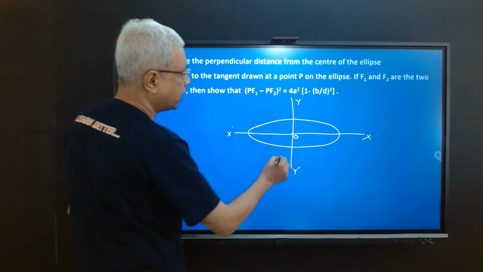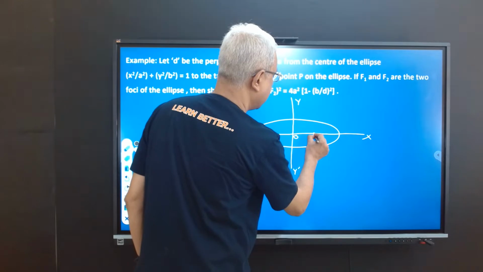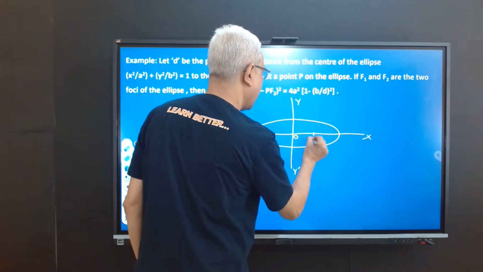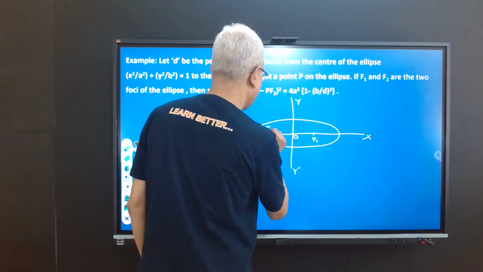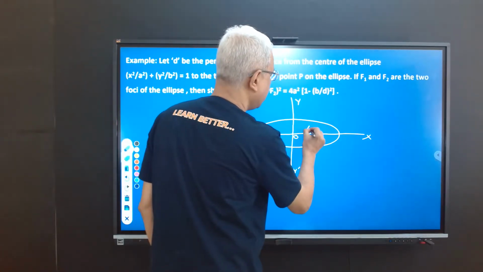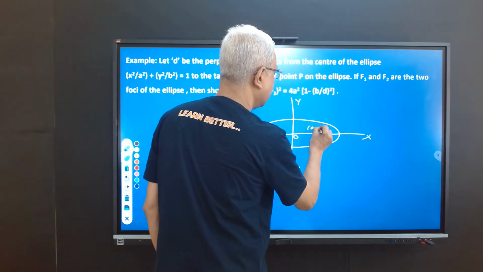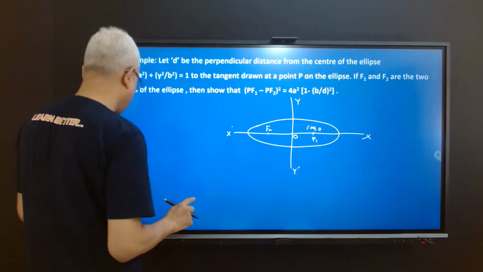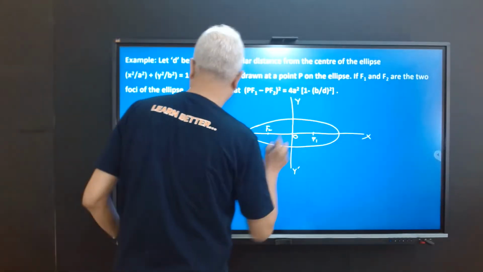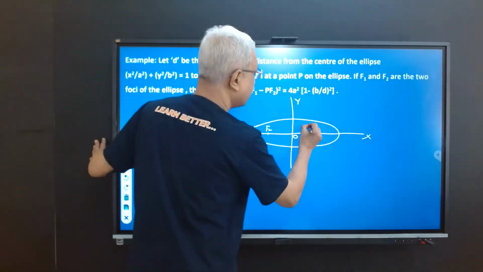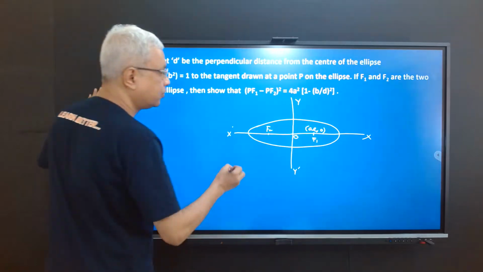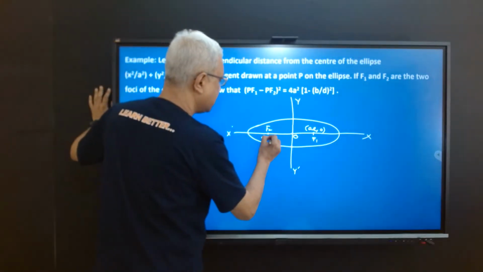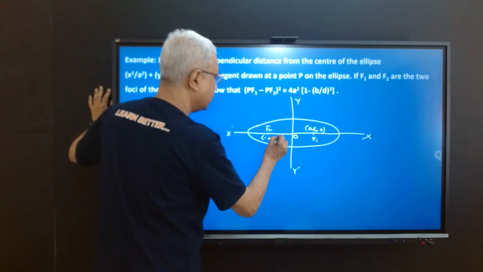And there are two foci, one at F1 and another at F2. F1's coordinate is (ae, 0), whereas F2's coordinate is (minus ae, 0).